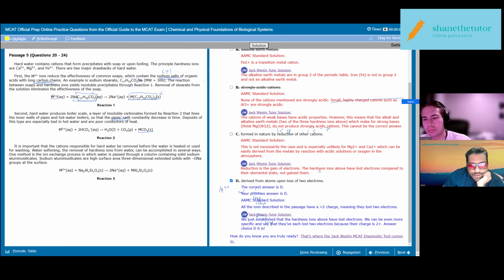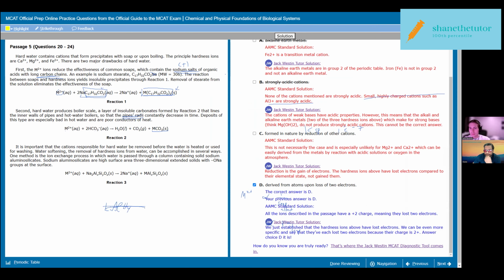Oh, apparently small, highly charged cations like Al3 plus are strongly acidic. Okay, I'll write that down. All right, got it.